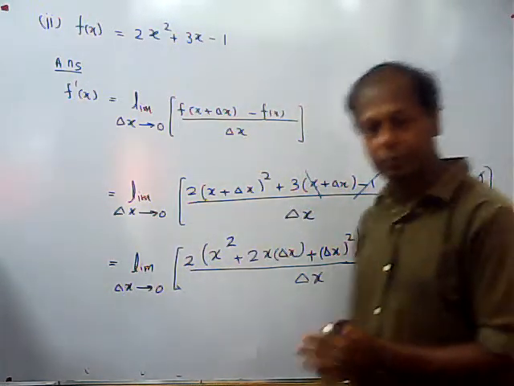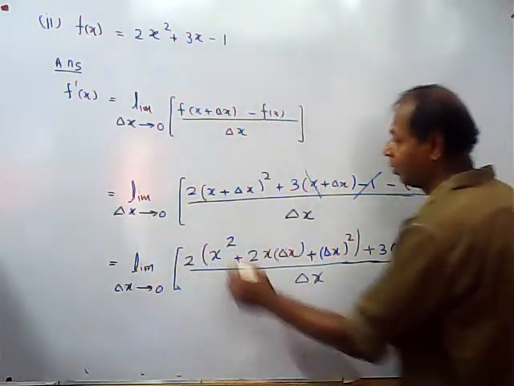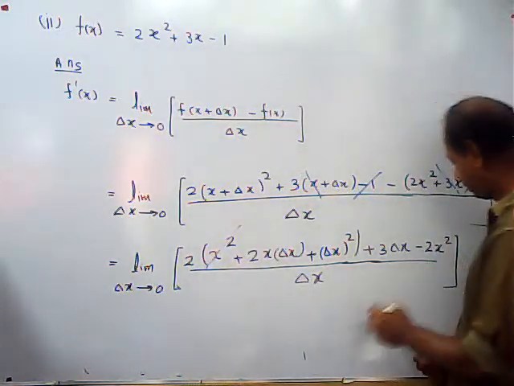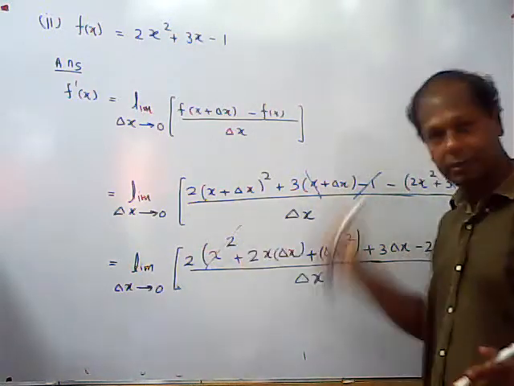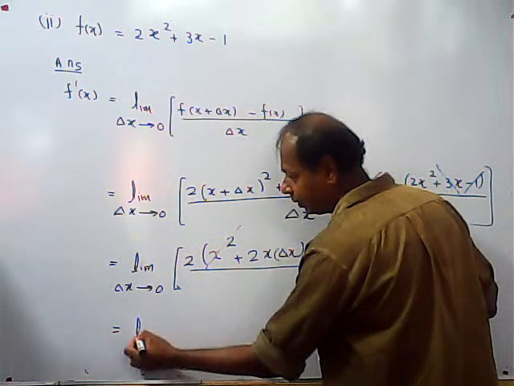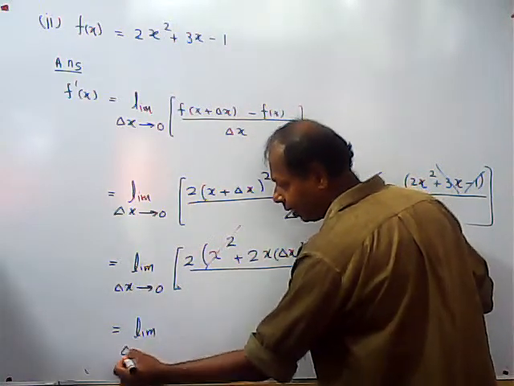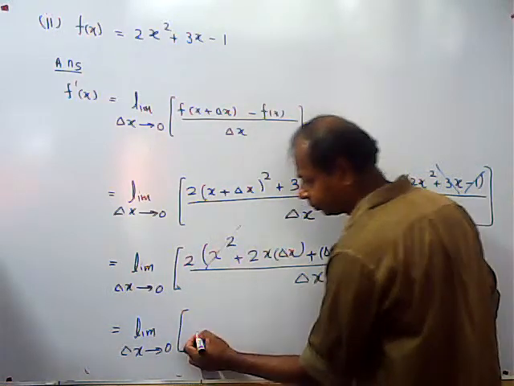So again you see some terms get cancelled. Number 1 is x square. Not just that, 2x square, the term gets cancelled. And leaving limit as delta x goes to 0.